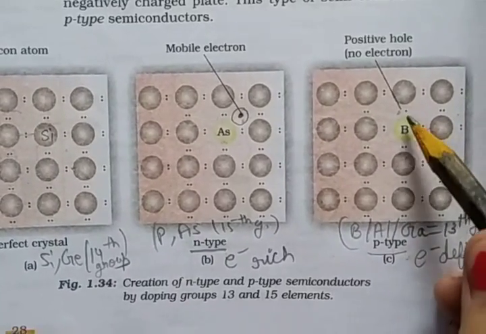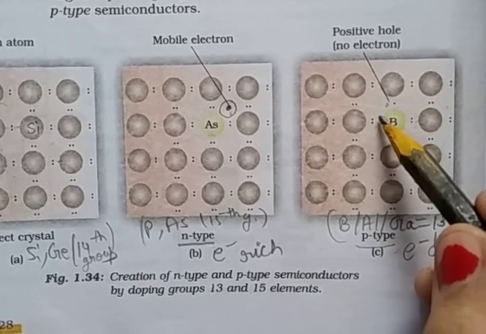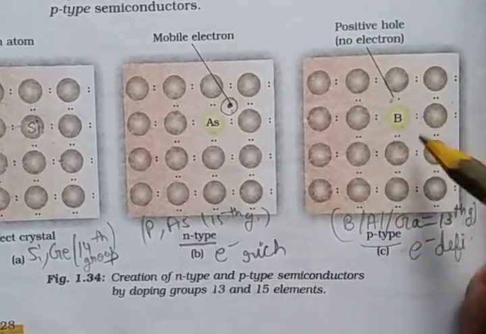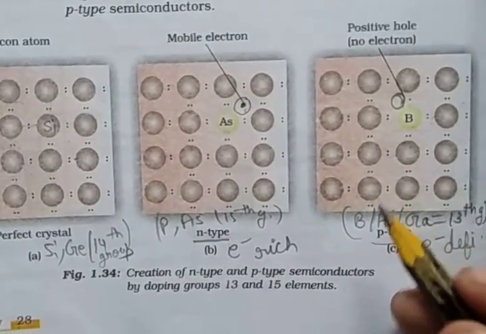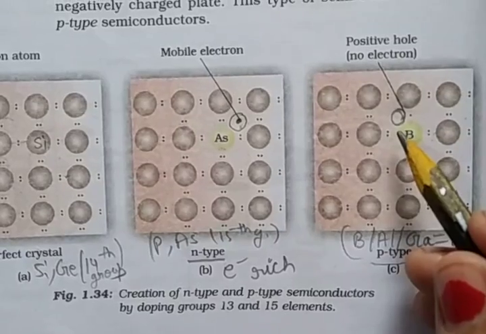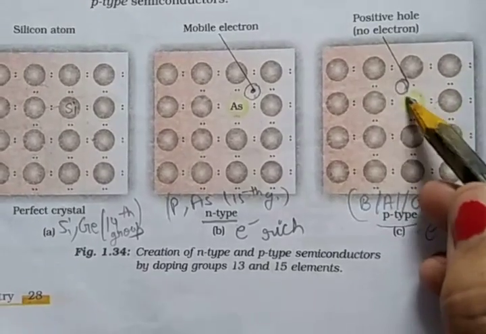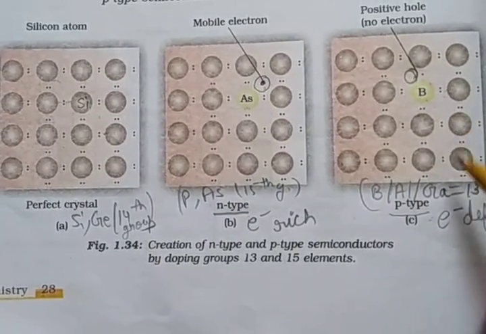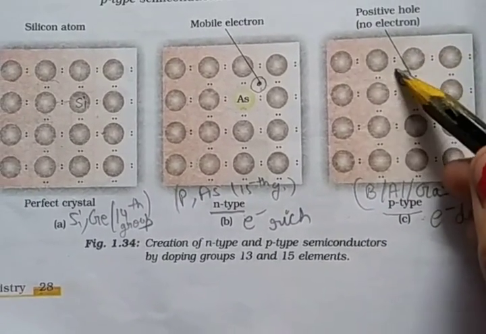An electron from a neighboring atom can come and fill the electron hole, but in doing so it leaves an electron hole at its original position. So it would appear as if the hole has moved in the direction opposite to that of the electron that filled it.